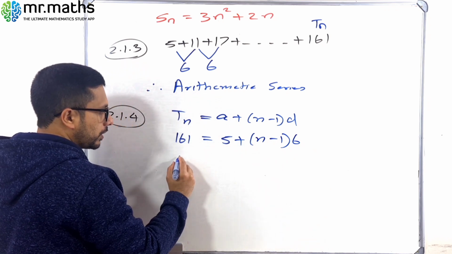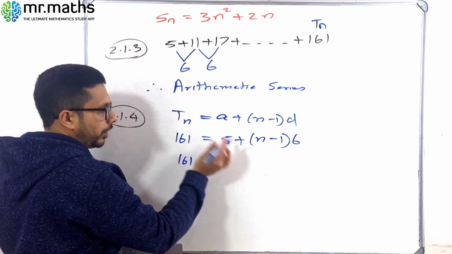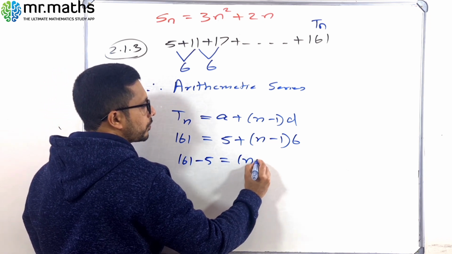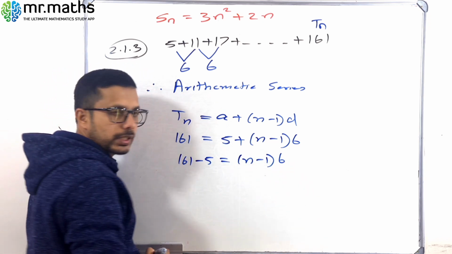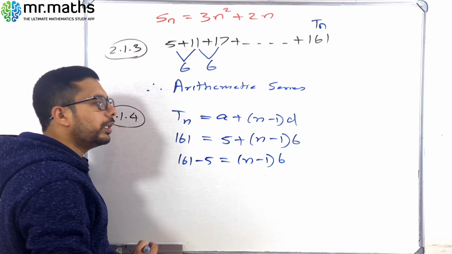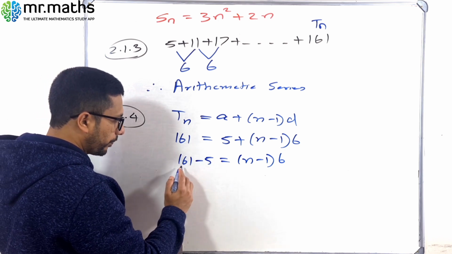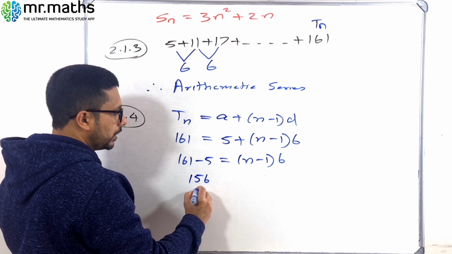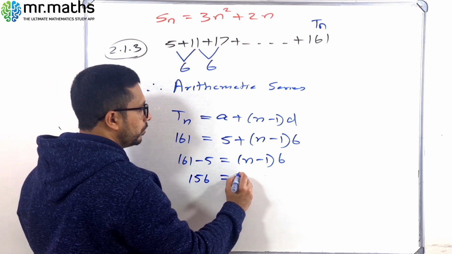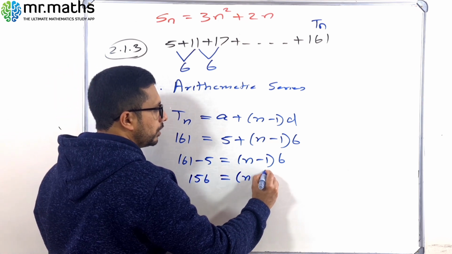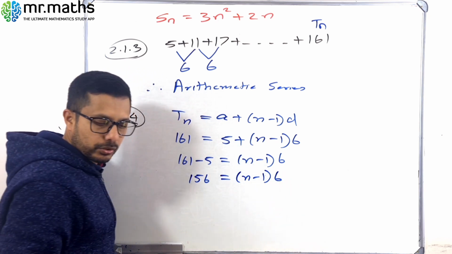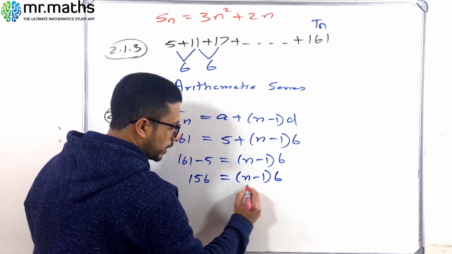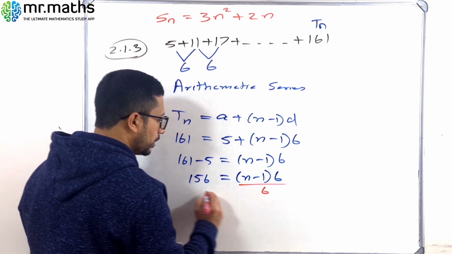This 5 on this side is positive, on the other side it becomes negative 5, so 161 minus 5 is equal to n minus 1 into 6. So what is the answer here? It is 156. 156 is equal to n minus 1 into 6. Here what I am going to do is divide both sides by 6 to remove this 6.